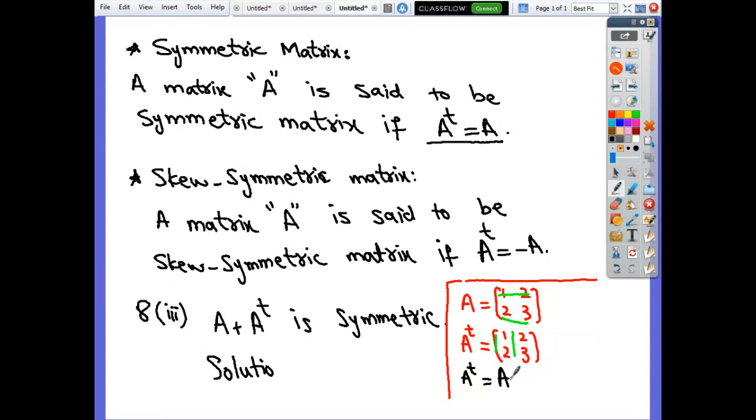Similarly, in a skew symmetric matrix, if we take the transpose of a matrix, it becomes the negative of that matrix. In question number 8, parts 3, 4, 5 and 6, we only show whether these matrices are symmetric or skew symmetric.